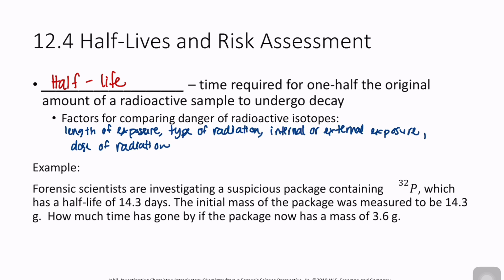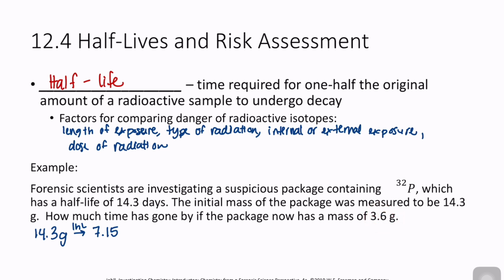So when I do this problem, I can start off with my initial amount, and after one half-life, I can see how much material I will have left. So I'll take 14.3 and divide it by 2. That gives me 7.15.